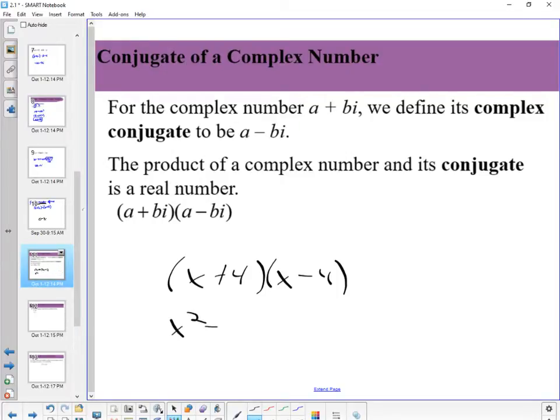You would get x squared minus 4x plus 4x minus 16. These would make 0 always. So when we have complete conjugates, we can do the first part and the last part, and that's all, folks.